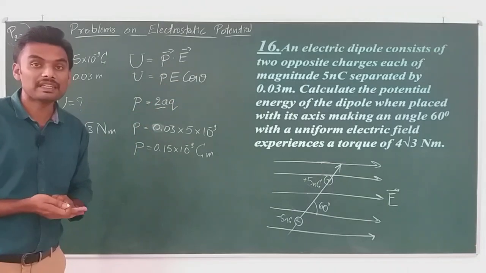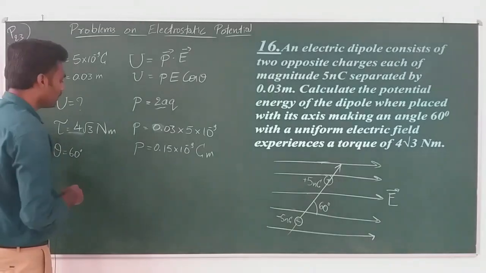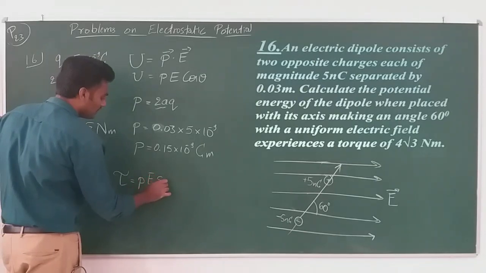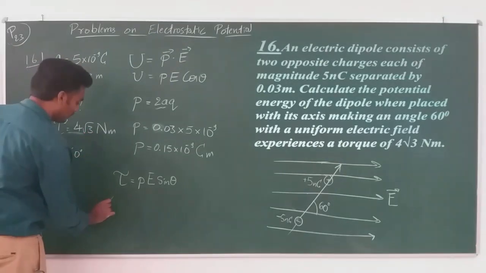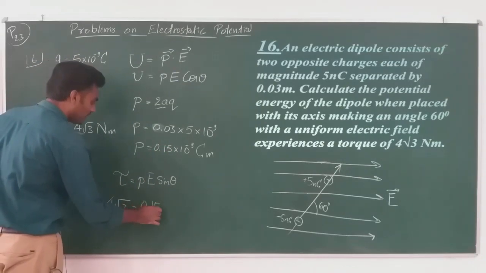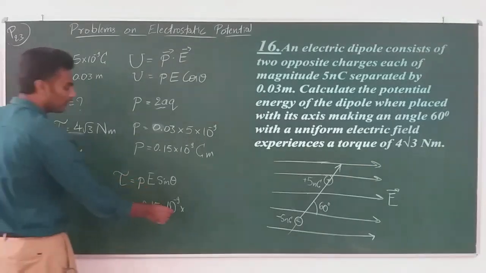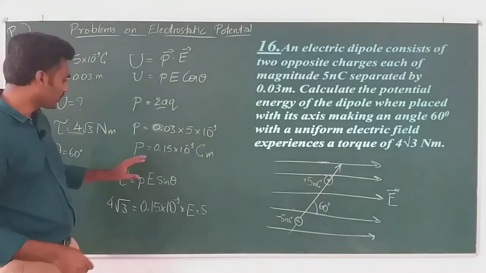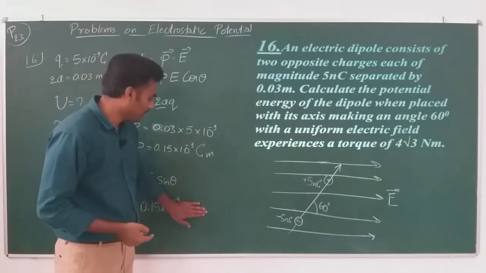Now we have P with us. Next, what is left? E has to be found. How do we find it? By making use of tau. Tau is equal to PE sin theta. Tau is 4 root 3, which is equal to 0.15 into 10 to the power of minus 9 into E into sin 60. Let me put the value of sin 60 directly, but you should do the step properly, because I don't have much space left.